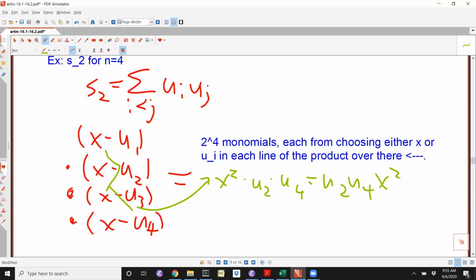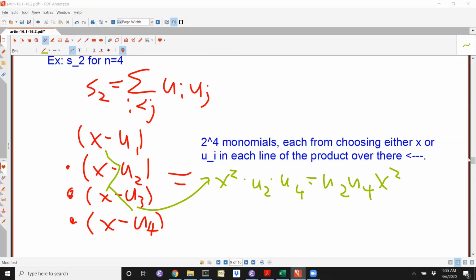So everybody, does that make sense when I say that each of the 16 monomials comes from choosing either x or minus u sub i in each line of the product? Okay. All right. Roby was happy with that.